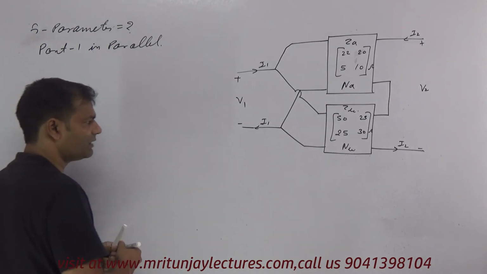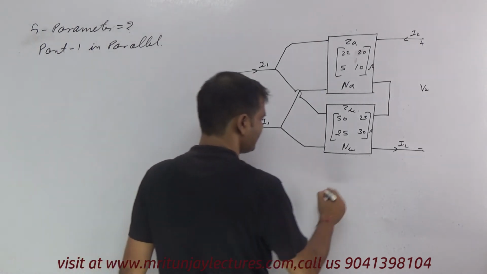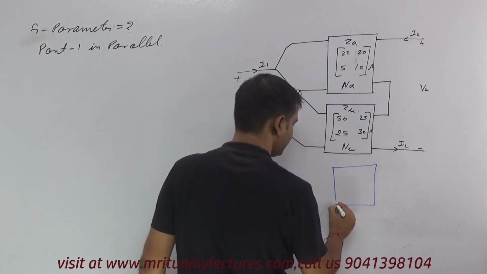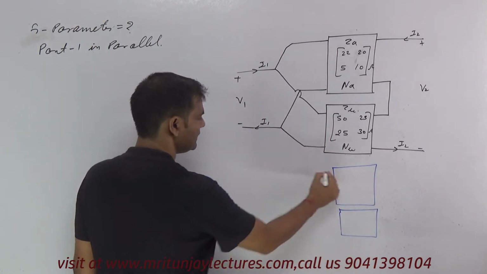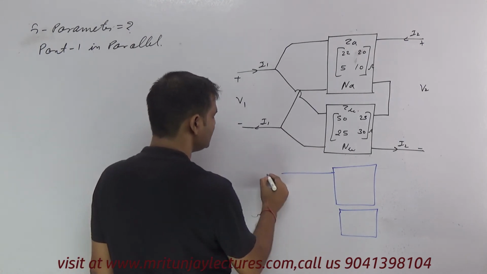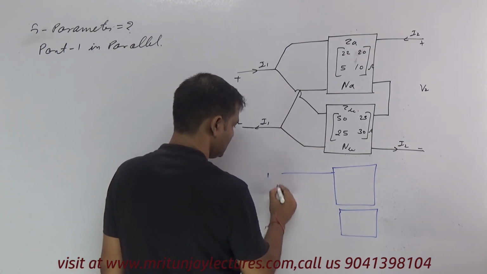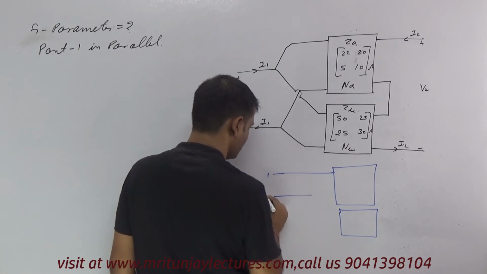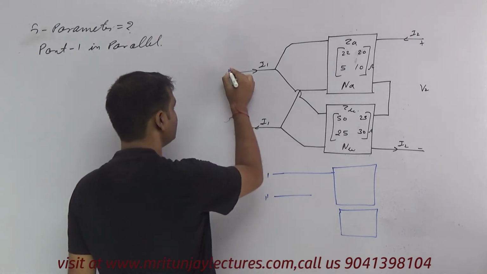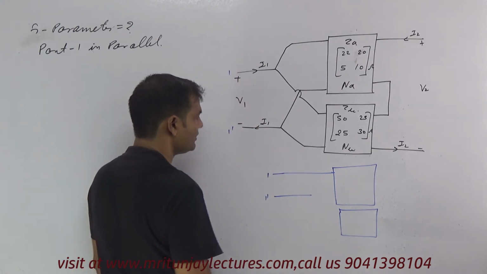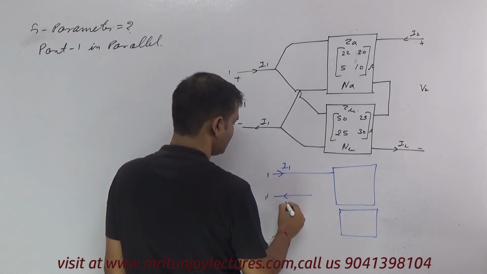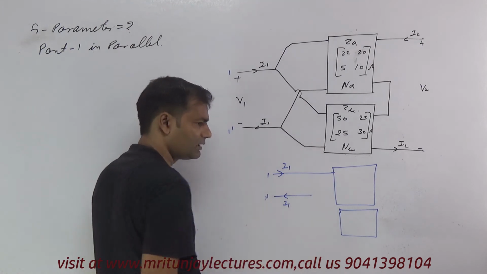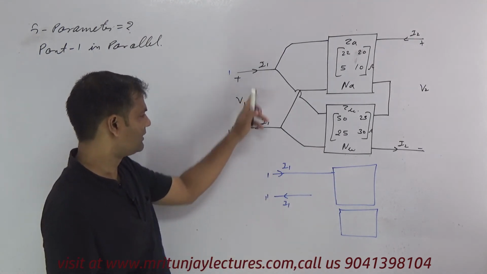Okay, if you are in doubt, then make another circuit with NA and here NB. Now there is port 1 and 1 dash. Incoming current I1 and outgoing current I1, and here I1.